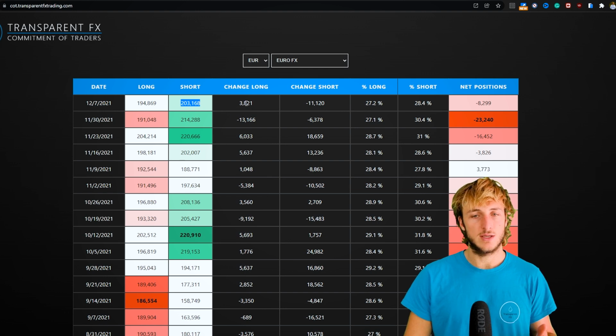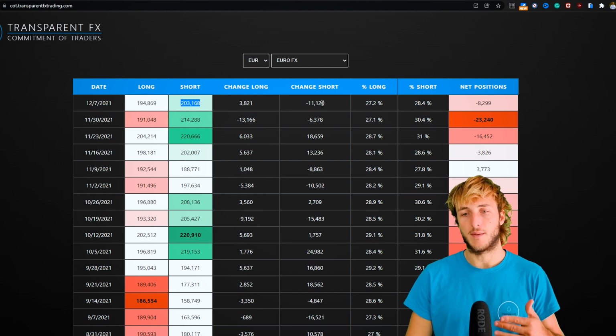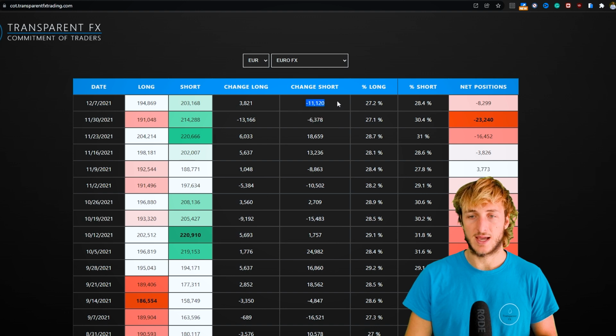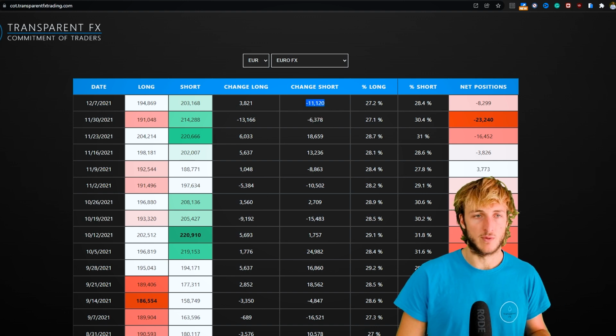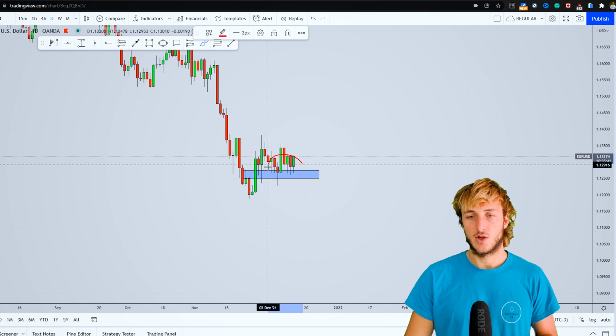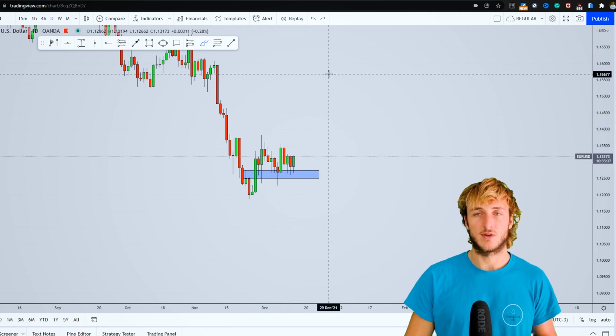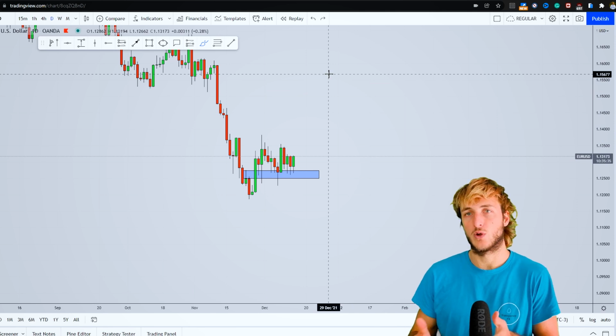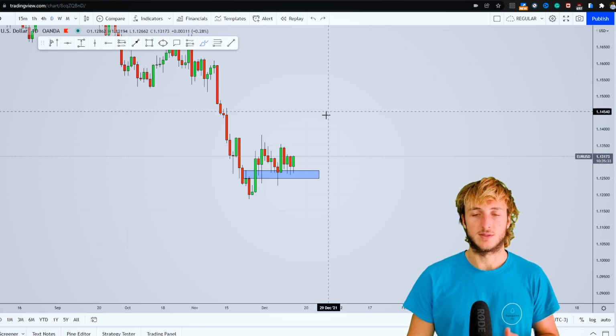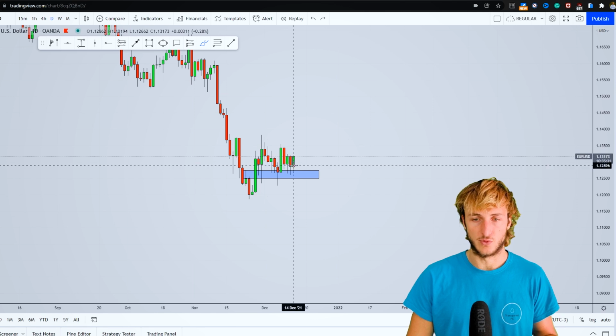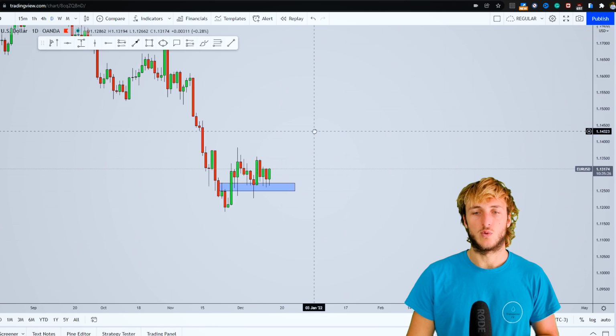So longs are getting increased and shorts are getting massively decreased, and this has already happened for 2 reports in a row, meaning that inside of this area we're seeing longs getting added and shorts getting closed from an institutional perspective, which aligns perfectly with what we already wanted to see from our technical view of this pair. So everything at the moment is looking quite bullish.